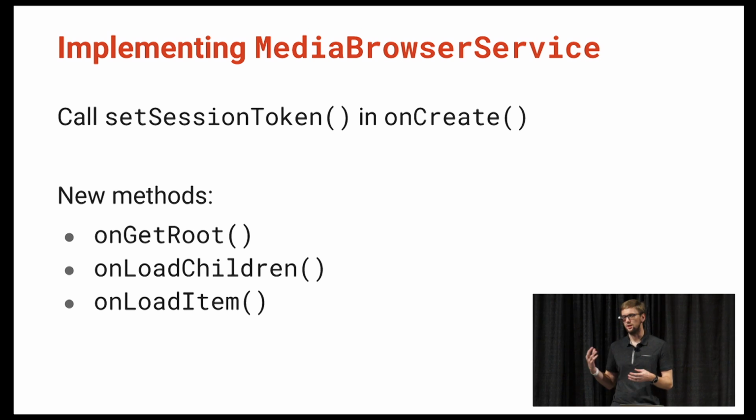And then similar to a file browser, for example, onLoadChildren gives you a list of all of the items. Some of them may be browsable items, right? Different folders and subfolders. Other ones might be playable ones. Similarly, onLoadItem just gives you details about a single item. So you can see how you may be able to build a UI out of these methods.